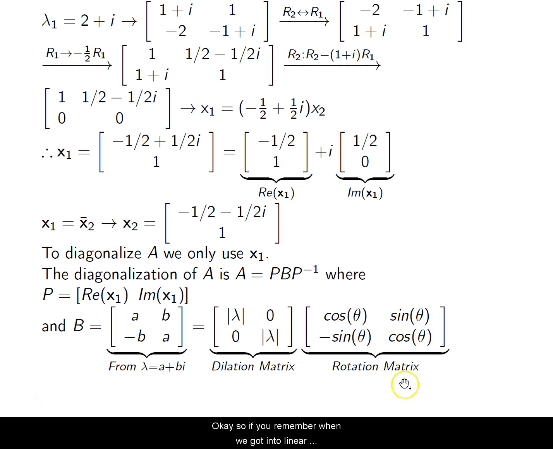Okay, so if you remember when we got into linear transformations and we're talking about the vectors that you have from a linear transformation, how it transforms your space into something that's skewed in some way. We looked at the unit square, and we transformed that into some squared, skewed sort of R2 axis system, right?